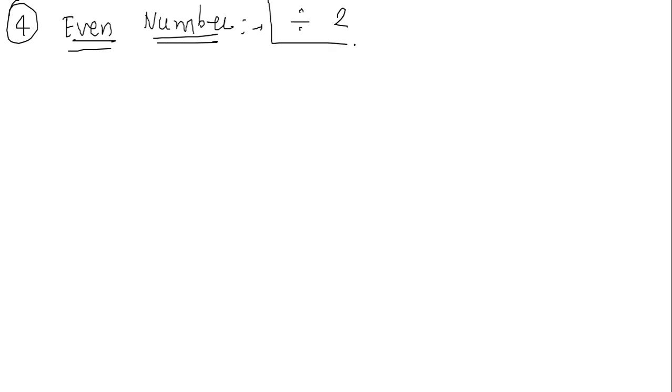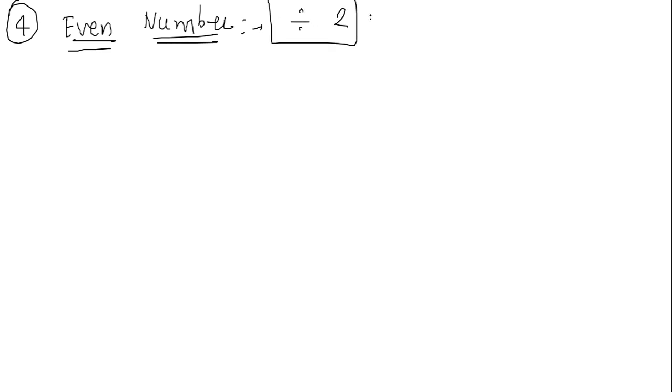The next type of numbers that we'll discuss is even numbers. Again, I'm making you understand that this particular batch is a foundation batch, in which we'll be discussing the very basics of maths. What are even numbers? Even numbers are the numbers which are divisible by 2.